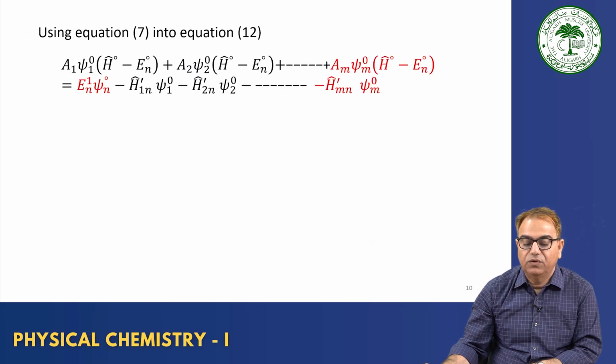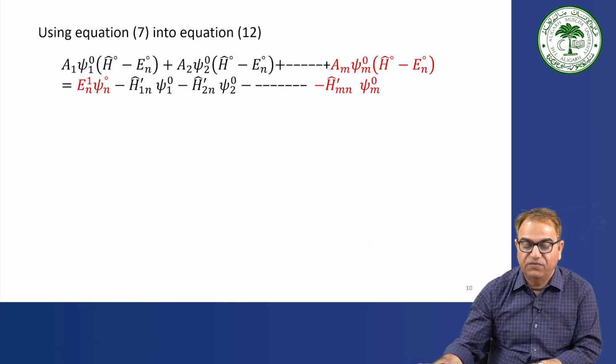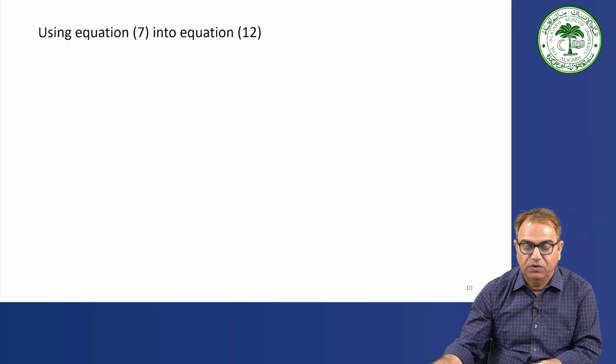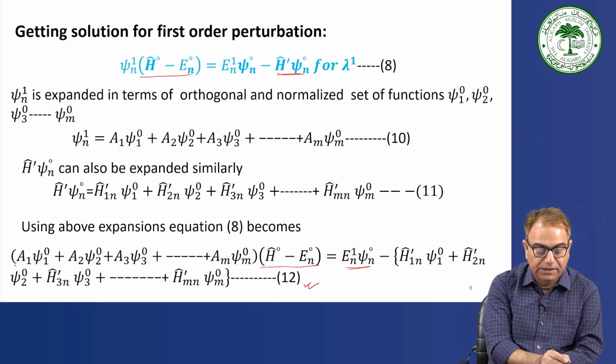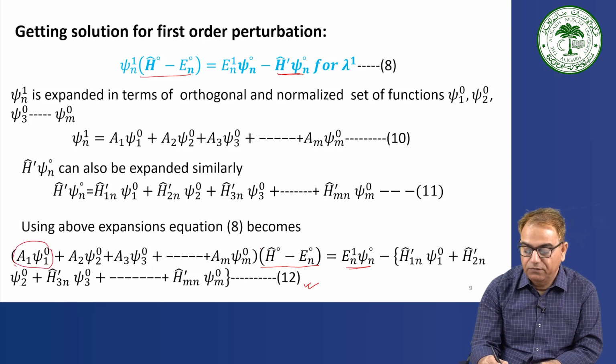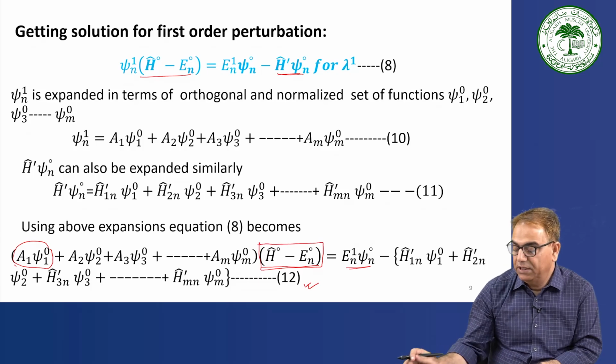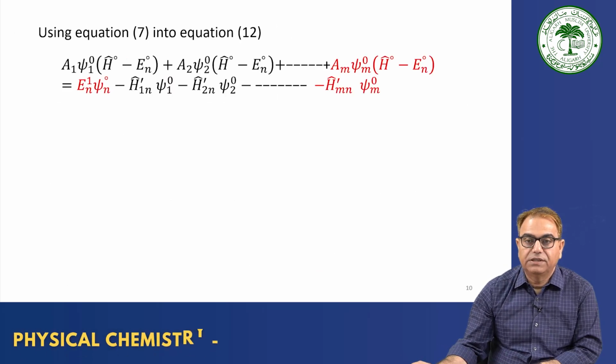What you can write is this: a1 psi 1 naught, and the first few terms. You will multiply a1 psi 1 naught with this common term, H naught minus En naught. So the first term is a1 psi 1 naught, H naught minus En naught.